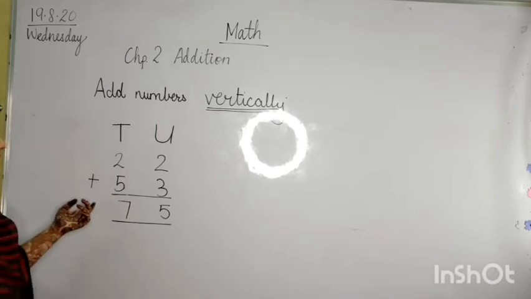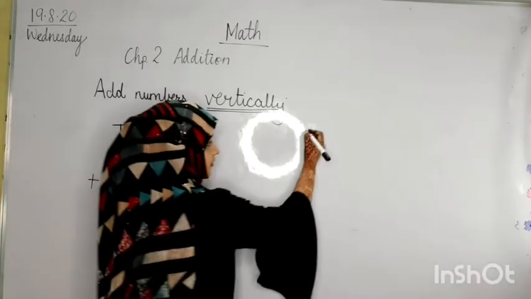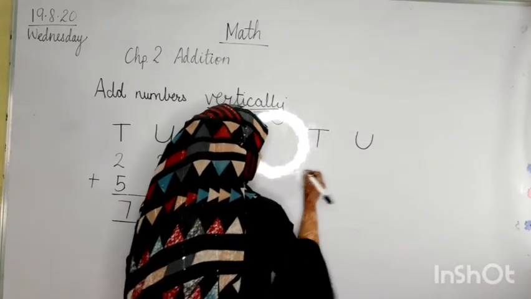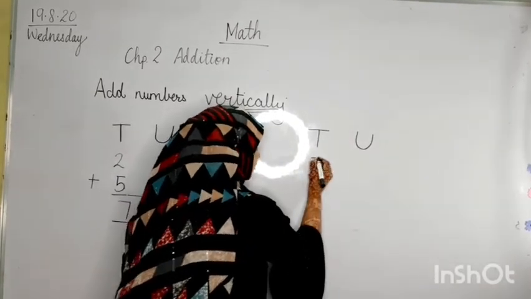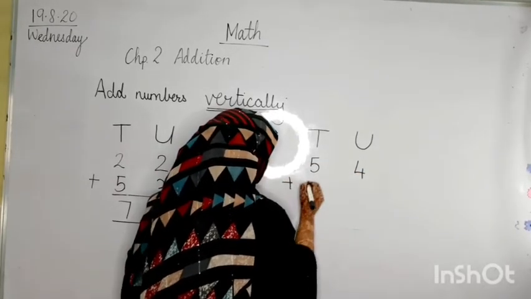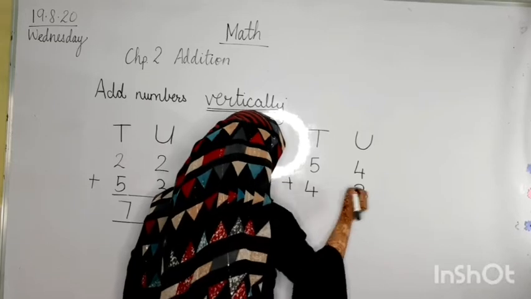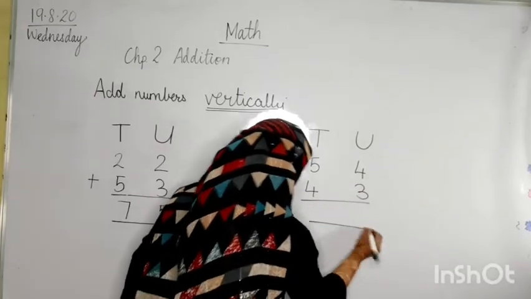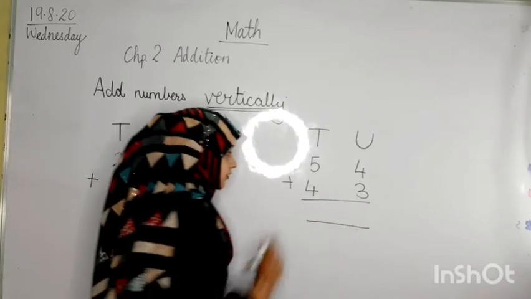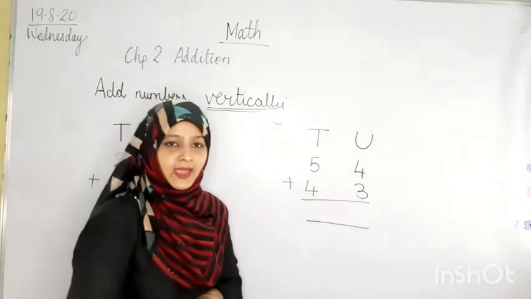Yes. Let's take one more example of it. I am going to write the place value, that is tens units, and the sum is 54 plus 43. So which side am I going to add first?